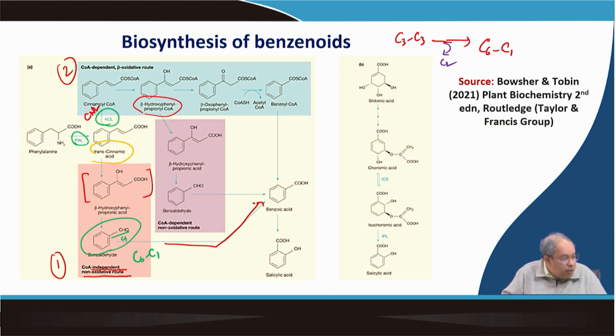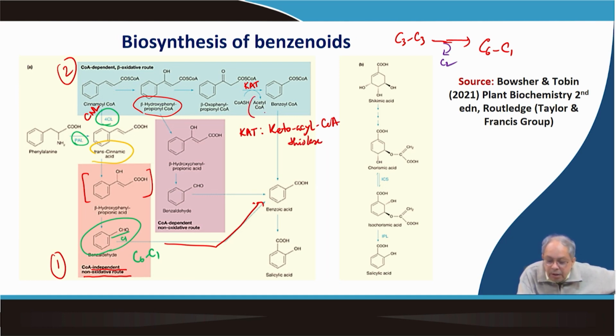So, when benzoyl CoA forms, there is an enzyme called ketoacyl CoA thiolase, this is called KAT. KAT is a recently discovered enzyme, 3-ketoacyl CoA thiolase.